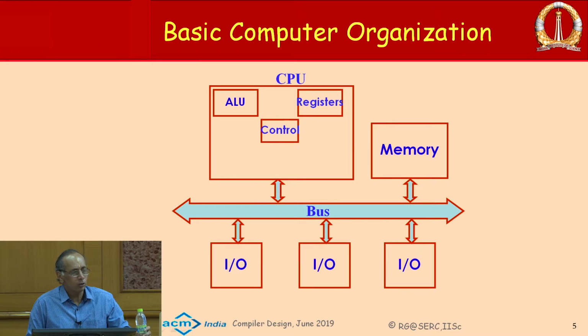Again, we will just quickly go through the various aspects of a basic computer system. What you see on the left hand side here is what we call the central processing unit. The central processing unit has an arithmetic and logic unit, which is responsible for doing all the computation, the arithmetic and logic operations.